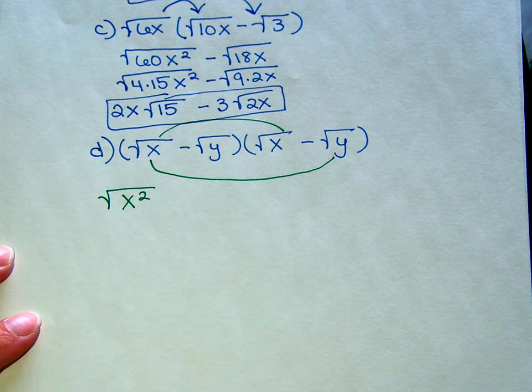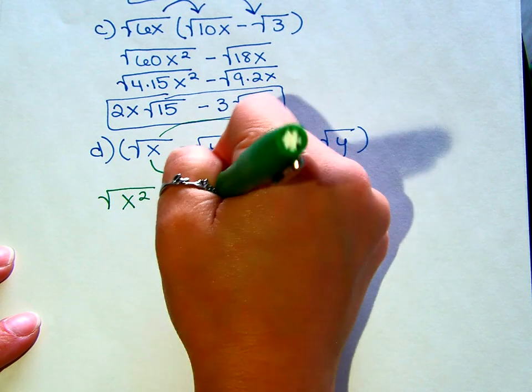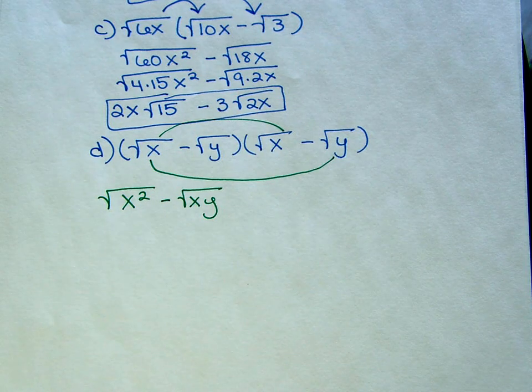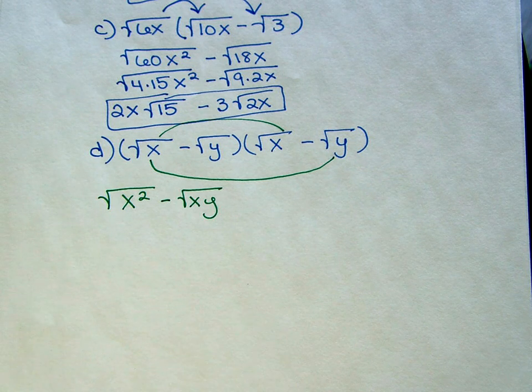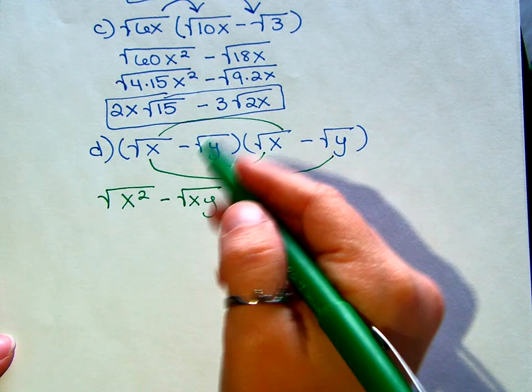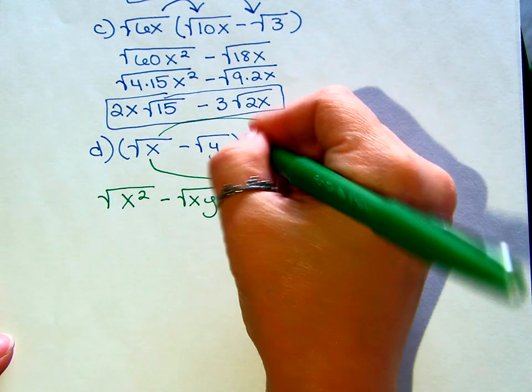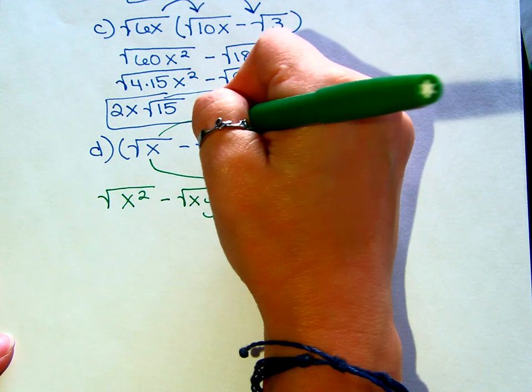So I can do a minus radical xy, because as long as your index is good, which all of our indices are the same, then we just multiply underneath the radicals. Middle term, it's going to be the same thing. I'm going to have a minus, and then I have x times y. My last term, I have a negative times a negative, which will give me a positive, and then I'll have radical y squared.